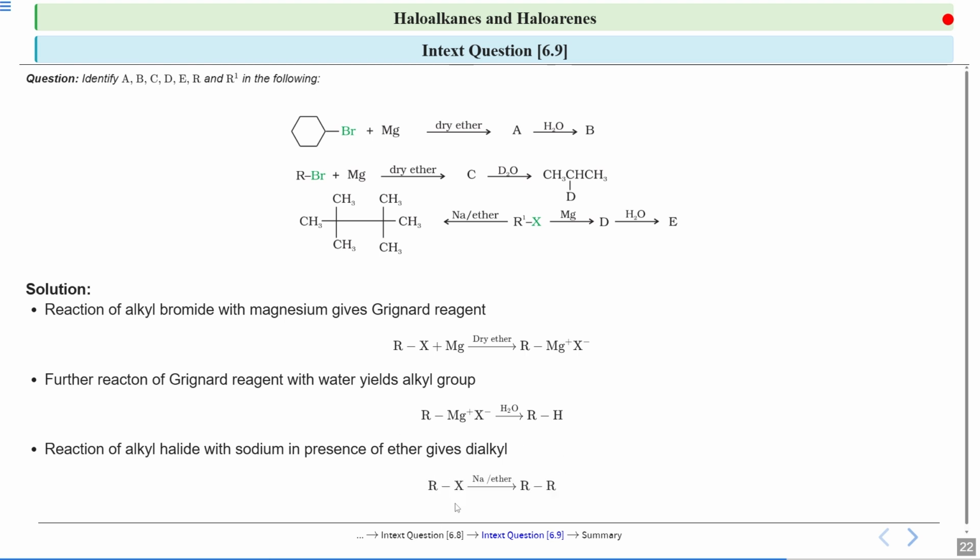That means when the alkyl halide RX reacts with sodium in the presence of ether, you will get a dialkyl, R connected to R, having double the number of carbon atoms than the reactant alkyl halide. So these are the general reactions we have talked about. Now we will see one by one what is happening in the given reactions.